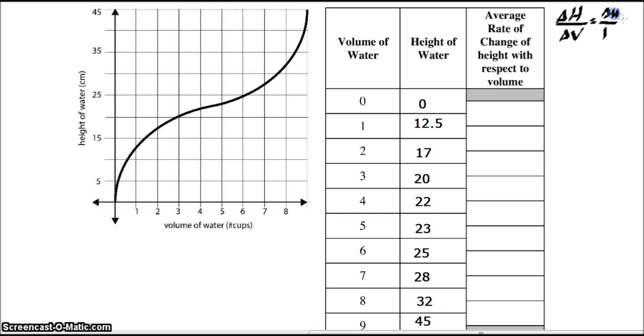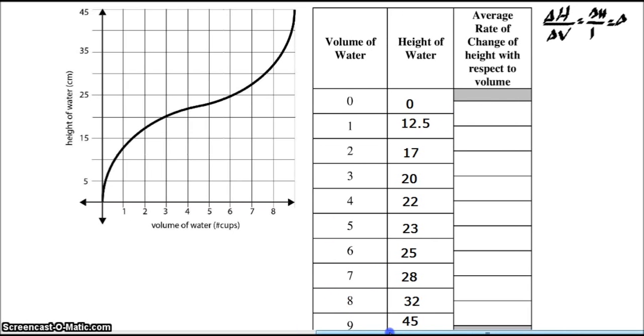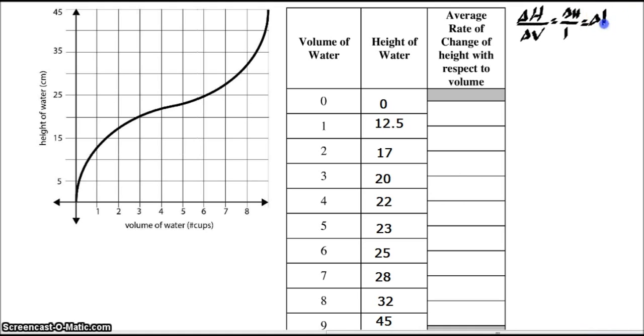And so in this case, the change in height over change in volume is simply equal to the change in the height. So here the average rate of change is 12.5 because the change in height is 12.5.